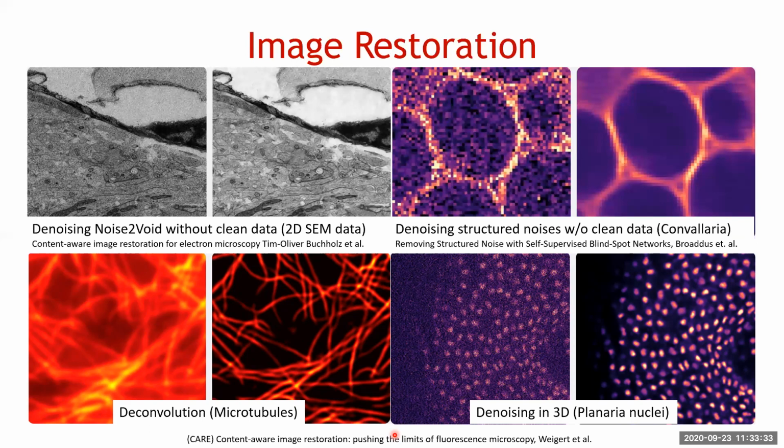But that, more often than not, ends up giving you the risk of photo bleaching your sample. And all bets are off as well if you try and do this on a live, sensitive sample. So what deep learning could eventually do is to allow you to take images much quicker, with much lower resolution, with a little bit more noise.